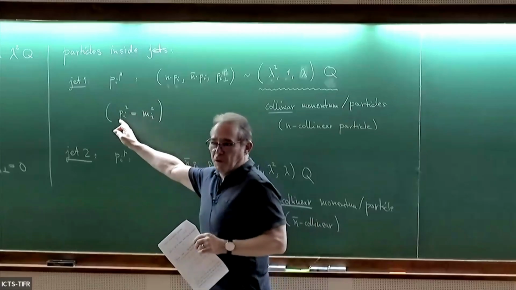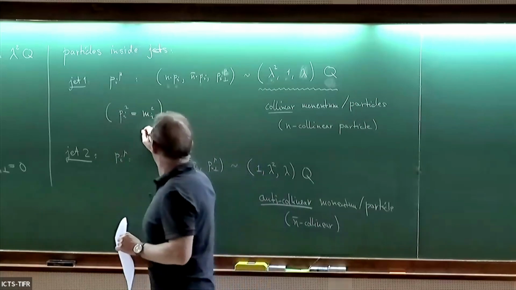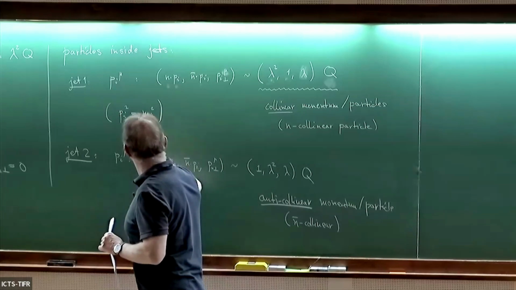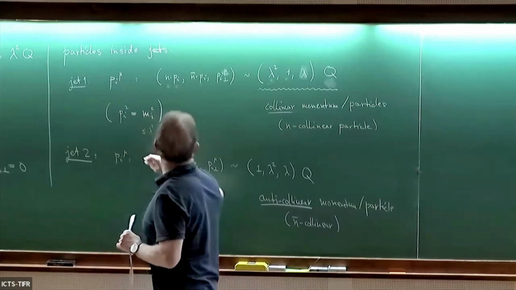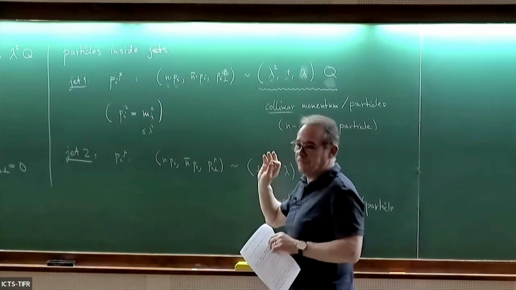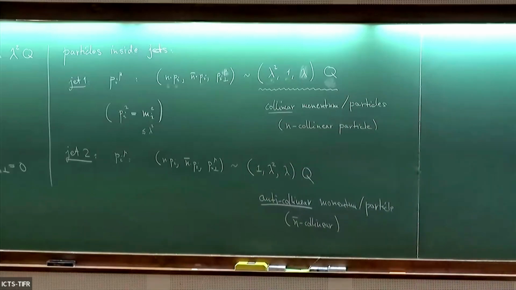It's something small, typically of order lambda QCD squared. So let me put here less or equal to lambda squared. But it shouldn't be big. You should read this that it shouldn't be bigger than whatever I show here. Okay, don't worry, this is just the beginning, so we'll discuss this in much more detail.